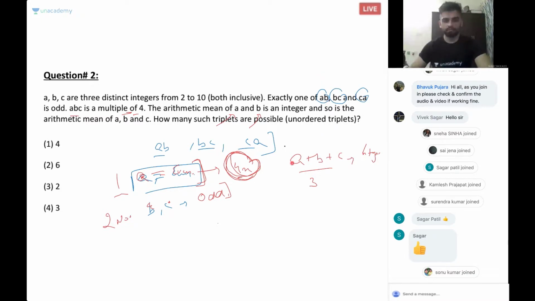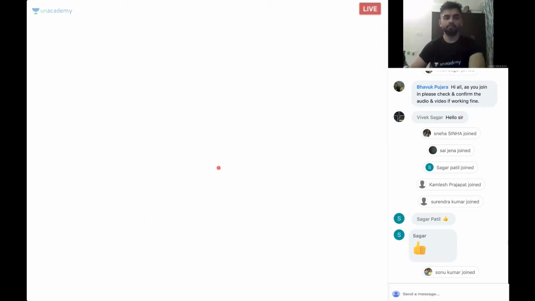How is that possible? If say B is even and A is odd, this is going to give me an odd number. So the arithmetic mean, that is divided by 2, will give me a decimal value, which is not possible, right? So in this case, A and B both have to be odd. Only then, when I add them and divide by 2, I get an integer. Only then I get their arithmetic mean as an integer.